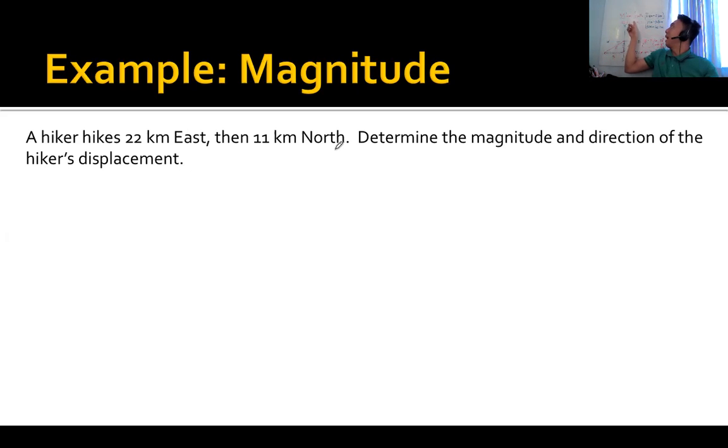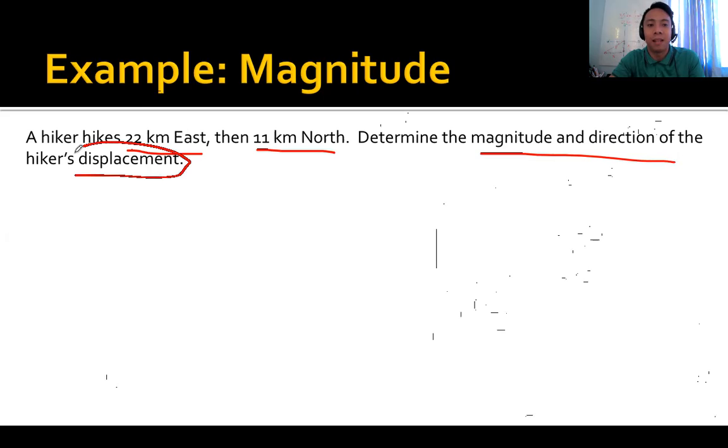So we can use the Pythagorean theorem here or the trigonometry. Determine the magnitude and direction of the hiker's displacement, or what we call the R or resultant. So we need to find the resultant using these two.